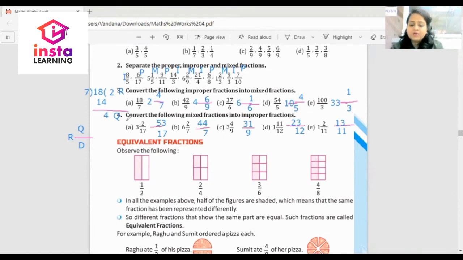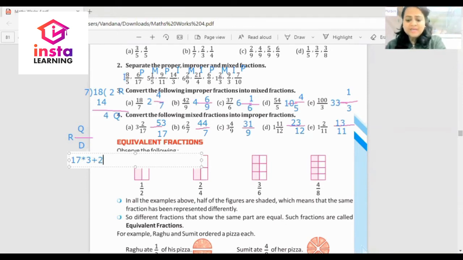Okay. And now come to question number 4. Convert the following mixed fraction into improper fraction. So students, you have to multiply 17 by 3. Then after that you have to add the number 2.